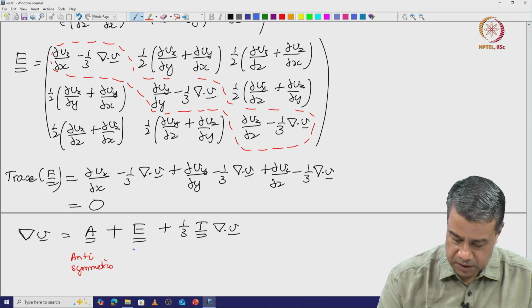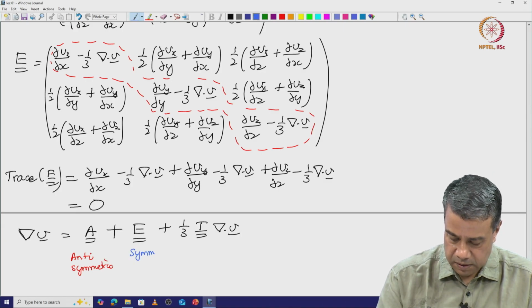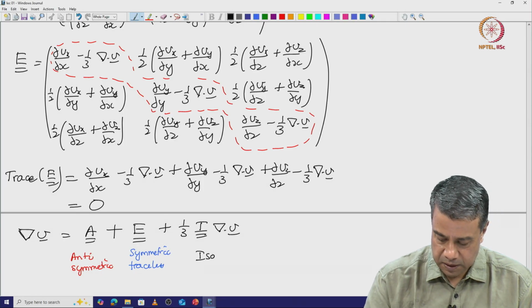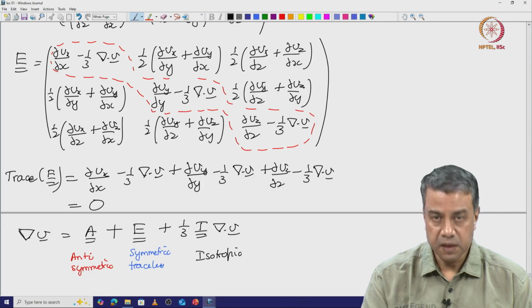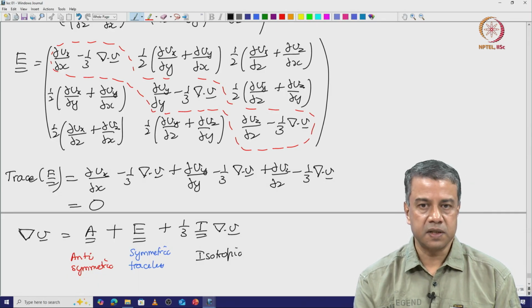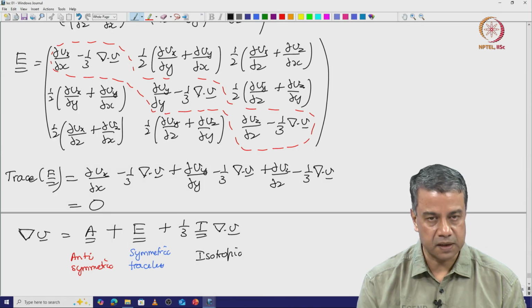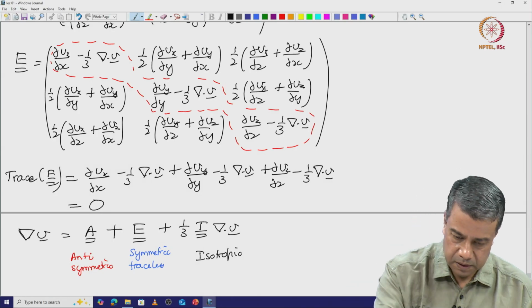The second one is symmetric traceless. And this third one is what is called isotropic, because the diagonal elements are equal and the off diagonal elements are 0. So, it is proportional to the identity tensor.